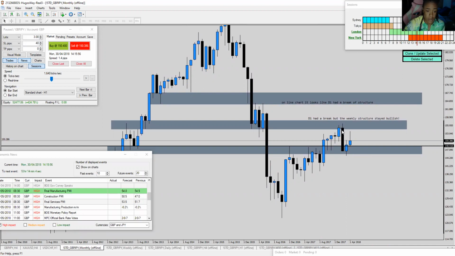know where I am on the higher time frames, and that means the monthly and the weekly. If I'm looking at the monthly or the weekly time frame, I gotta ask myself, am I currently in an area where price could completely reverse? Am I in an area that has been acting as support recently, giving some form of support, resistance.